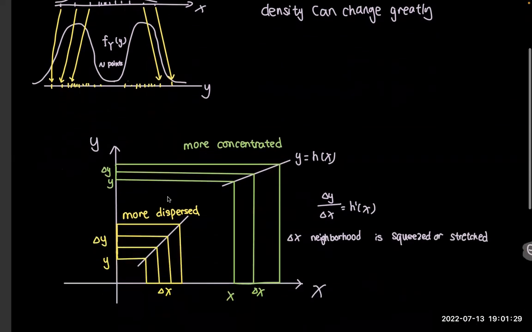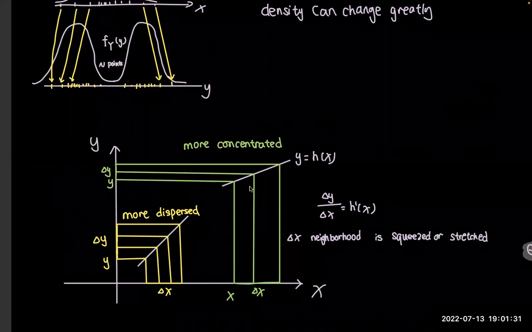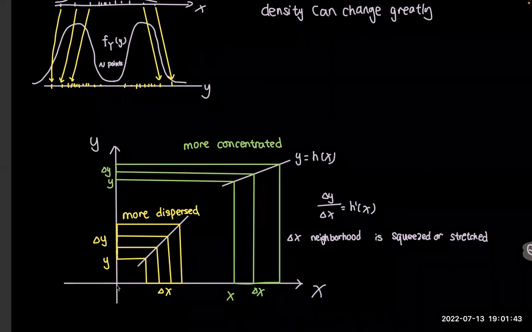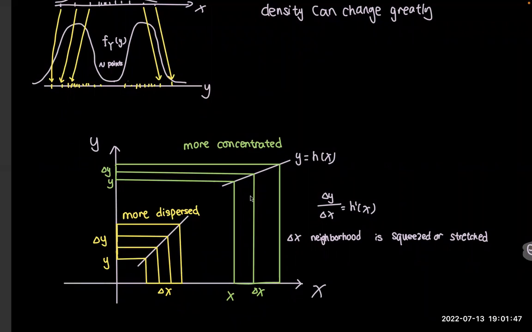As I mentioned, in this transformation the slope plays an important role in changing the density. Here, if the slope is along y equal to x, you don't change the density very much. But if the slope is very small, you actually change the density, it becomes denser.